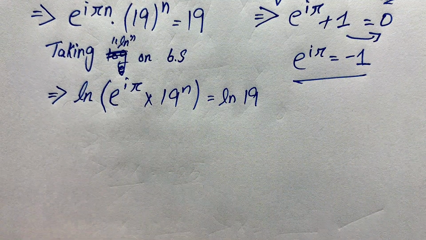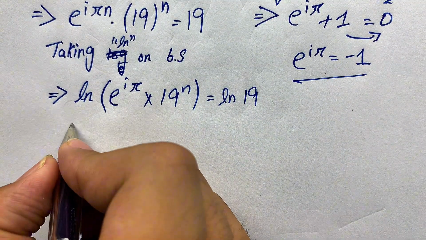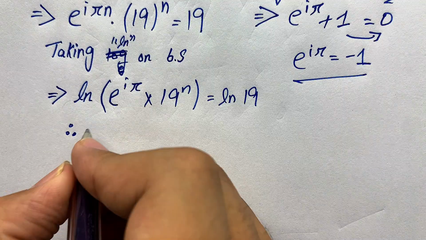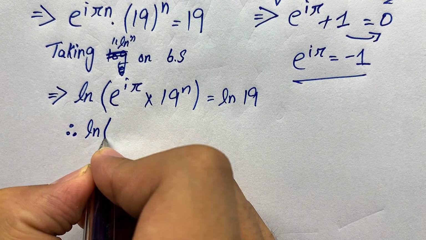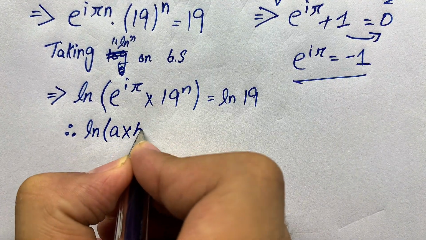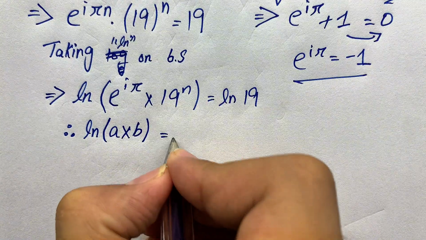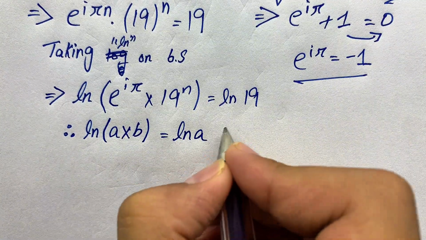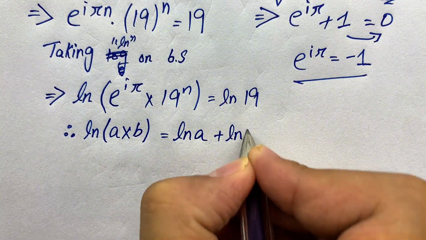So in the next step we use the formula ln(a·b) is equal to ln a plus ln b.